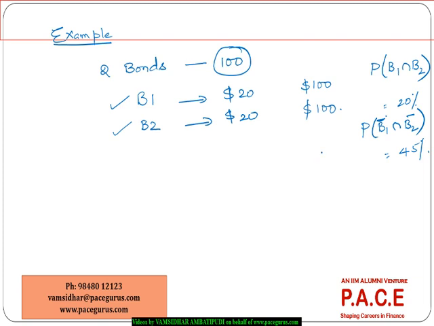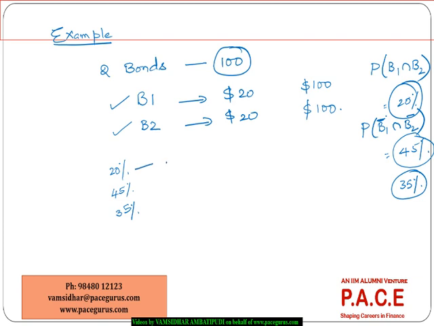So there is a remaining 35% chance that one of them can default. So these are the different possibilities: a 20% chance that both of them will default, a 45% chance that none of them will default, and a 35% chance that one of them will default. Now for this, I want to find out the mean, median, and mode at the end of the period.